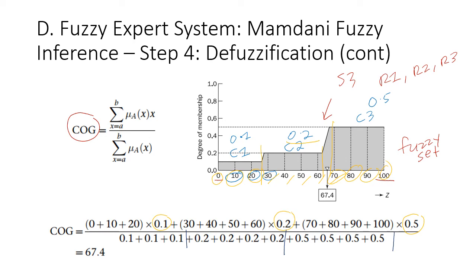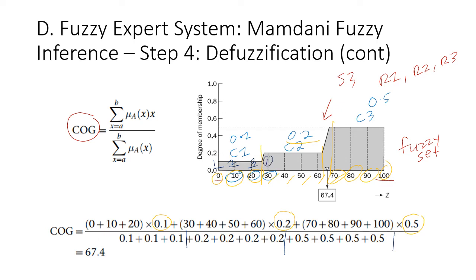So this value 0.1 is added 3 times because there are 3 intervals in the set of C1. Okay, this is 1 and 2 and 3. And then as for 0.2, it is added 4 times because we have 4 intervals under the set of C2.